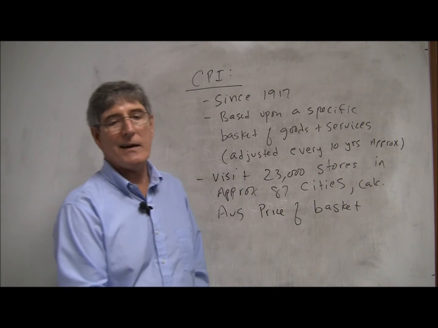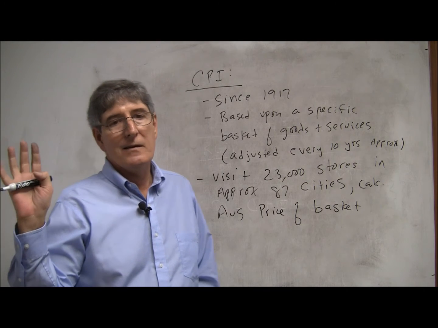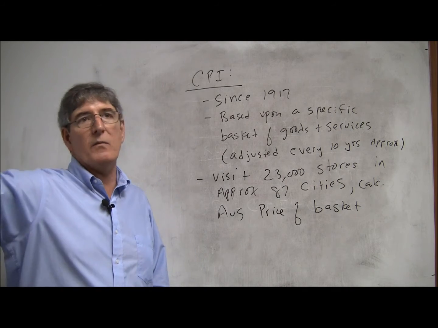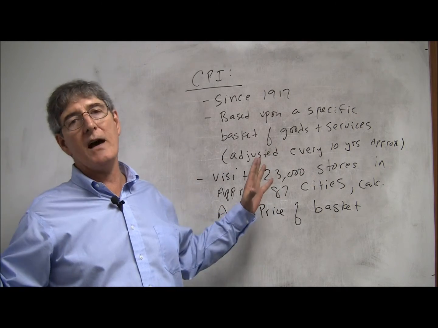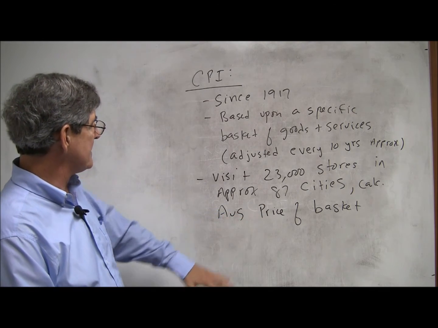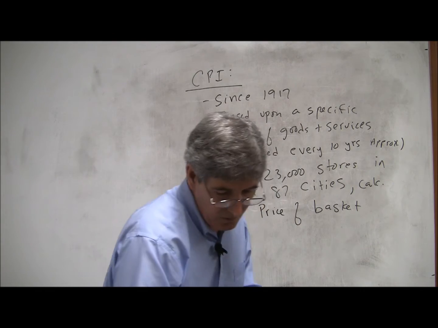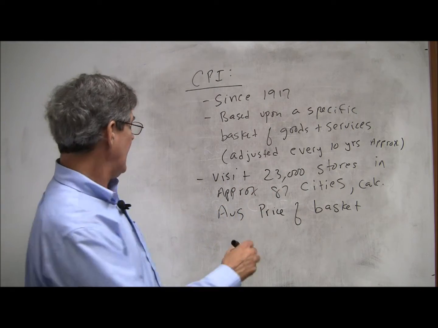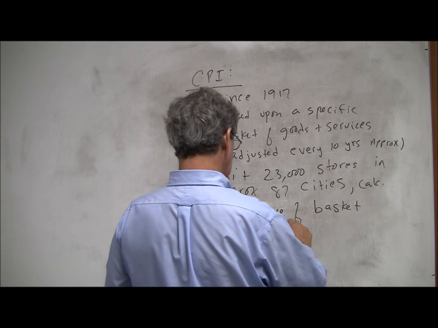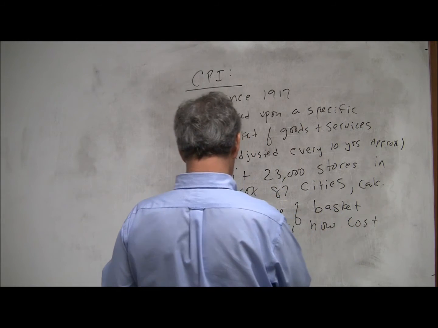So, you know, in LA it costs $150, and in Eugene it costs $140, and so on. They do it all over the country, and they just average those. And that's the average price of a basket. You might want a population weight and do other sorts of things. And then inflation is how that cost changes over time.